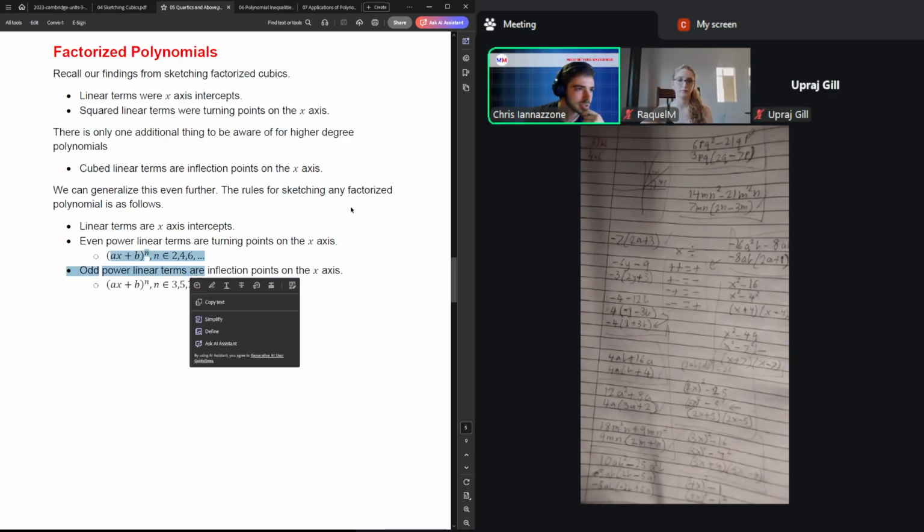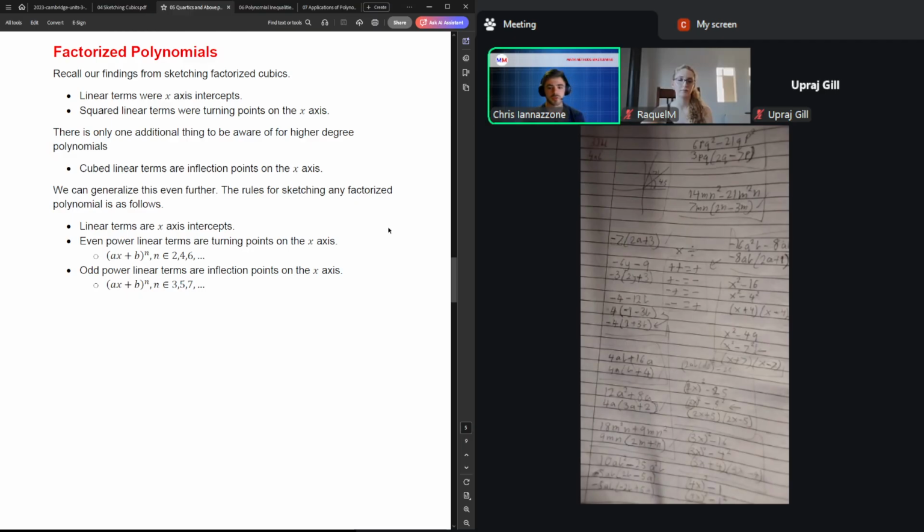As for how that applies to sketching those types of polynomials, what we're essentially going to do is slightly expand on what we've already discussed. We still know linear terms are just cuts. We knew repeated linear terms were turning points. We're going to slightly expand on that and say that actually any even power, so any of the 2, 4, any of those powers, are also going to be turning points on the x-axis.